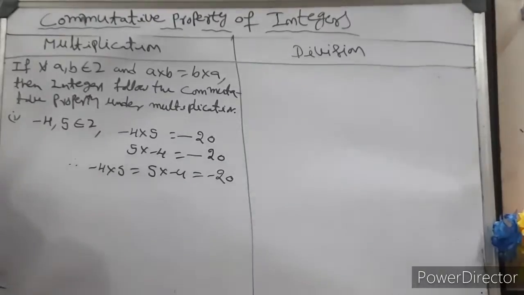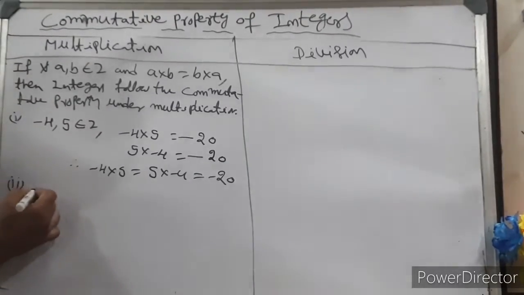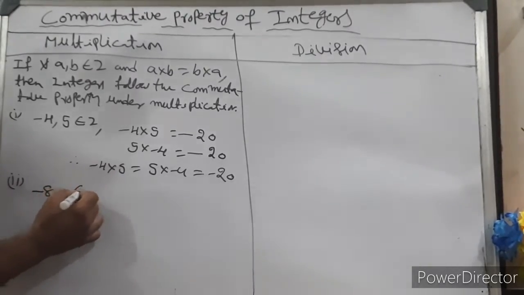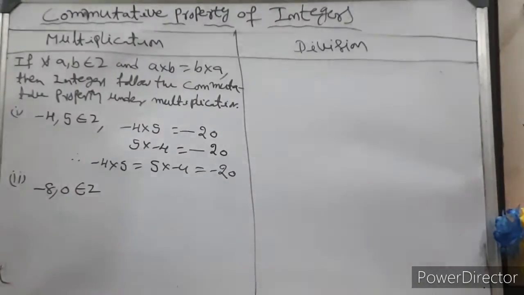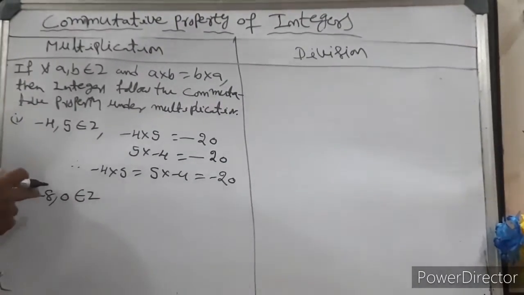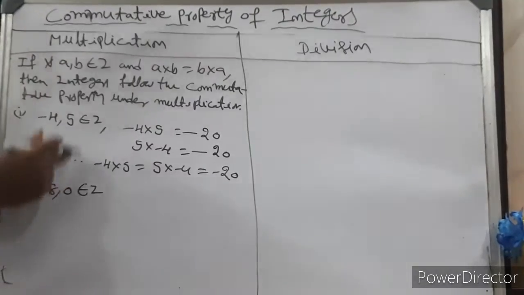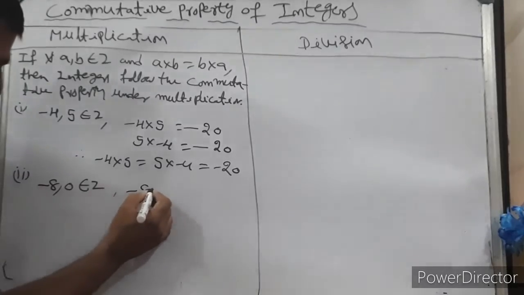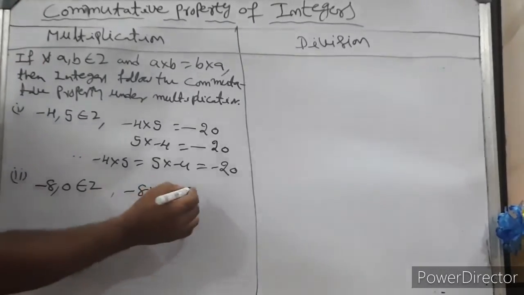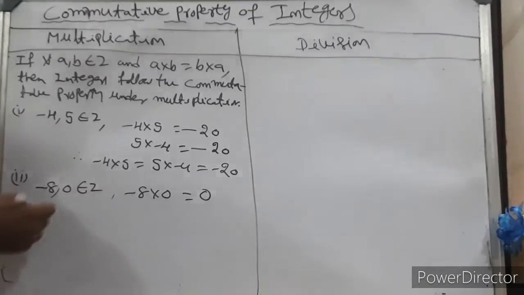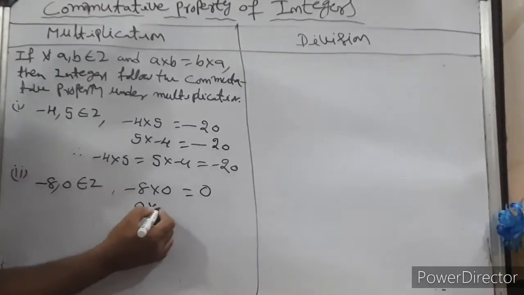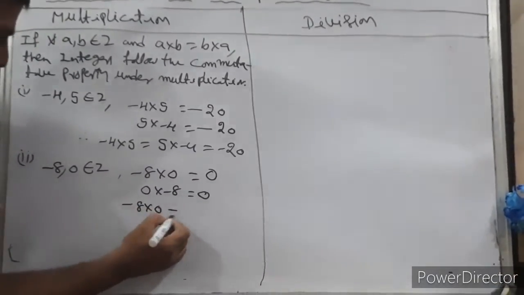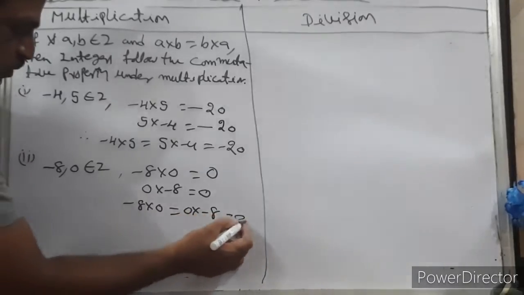We take another example. Minus 8 and 0 belong to Z. Here minus 8 as A, 0 as B. A into B means minus 8 into 0, which is 0. And also 0 into minus 8 is 0. That means minus 8 into 0 is equal to 0 into minus 8, equal to 0.